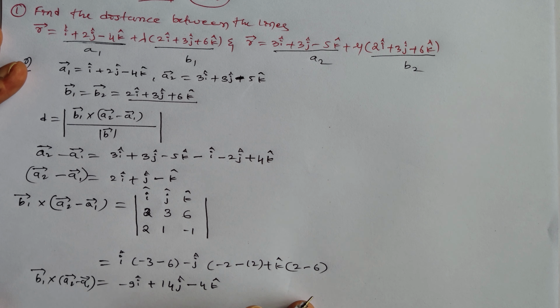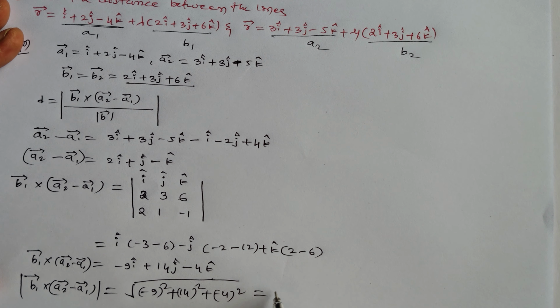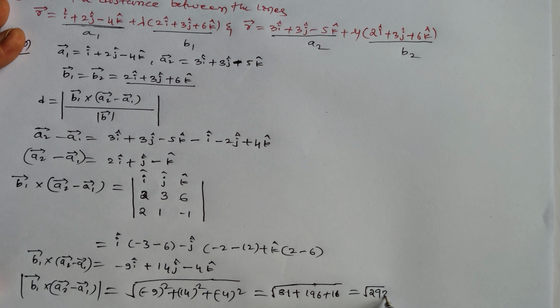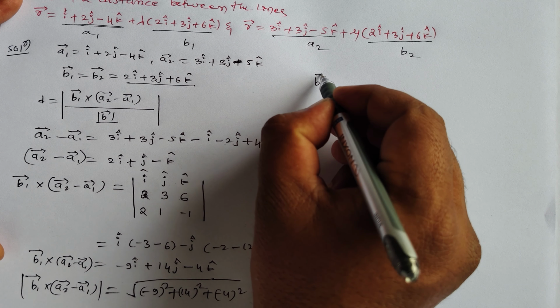So that is equal to 9 square is 81, plus 14 square is 196, plus 4 square is 16. Add these: 293.